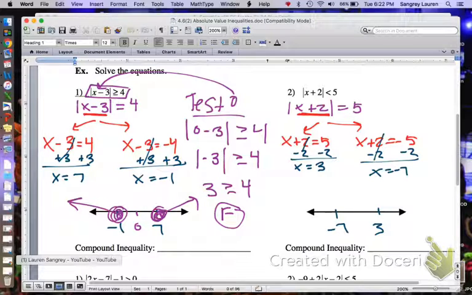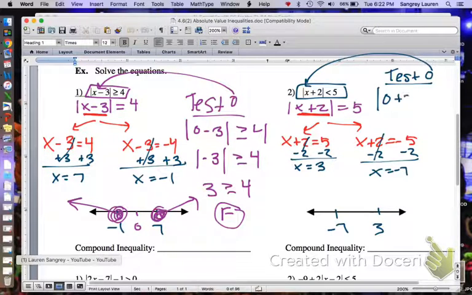Now we need to test 0. Let's see if I can get some room up here. Testing 0 means we're putting 0 in for x into the original problem. So we have the absolute value of 0 plus 2, and we have to figure out if that's less than 5. 0 plus 2 is 2. That's still in the absolute value. The absolute value of 2 is 2.